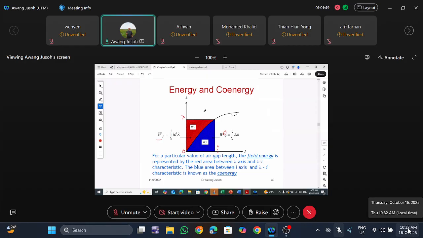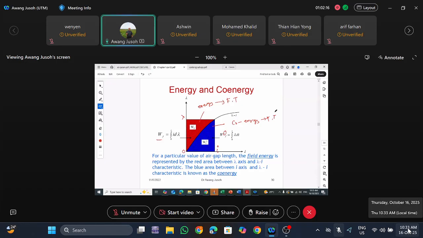This is the energy stored in the magnetic field, and this is the co-energy. Later on, from the energy that we found from this calculation, we can calculate force or torque. We need to find energy first, then you can calculate torque or force. Similarly, you can find the co-energy area, then after that you can find force and torque.